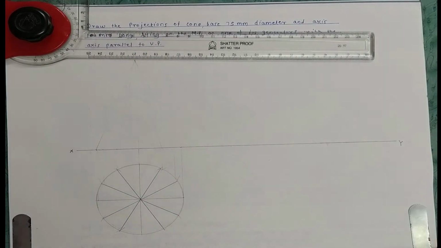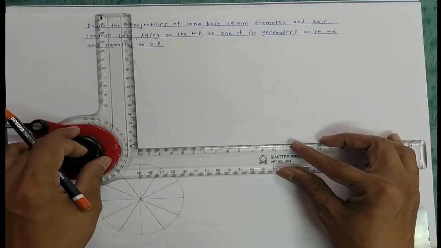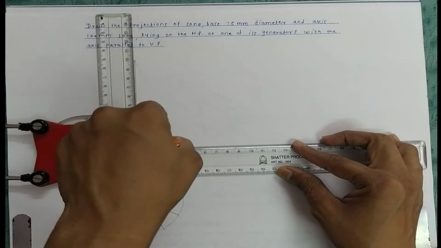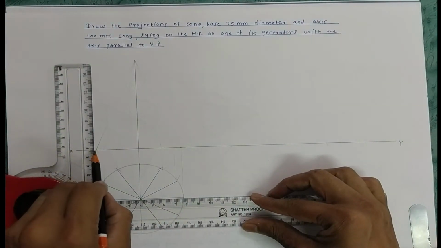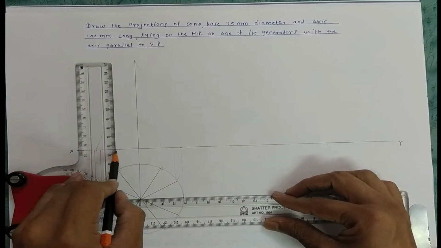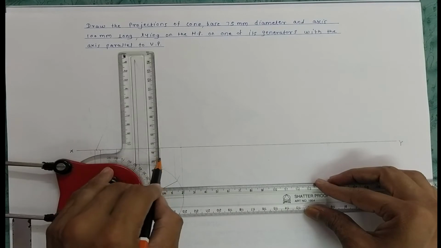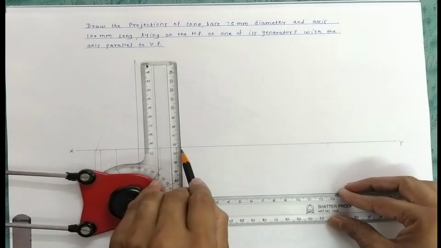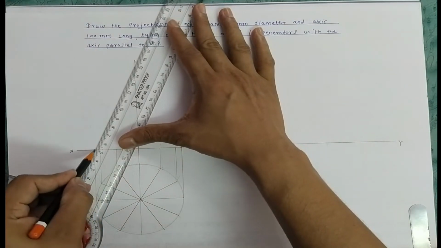Transfer all the points from top view to front view. First of all, take the axis, which is given as 100 mm. Join the generators of the cone.